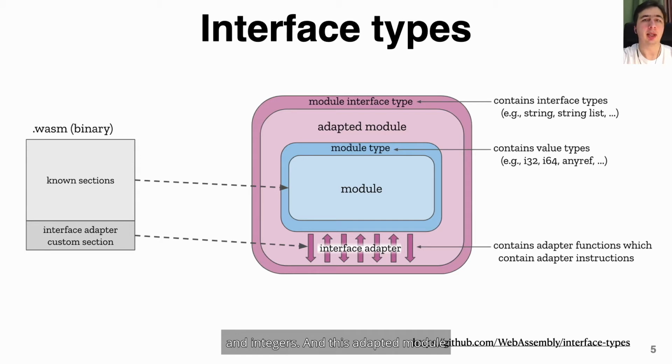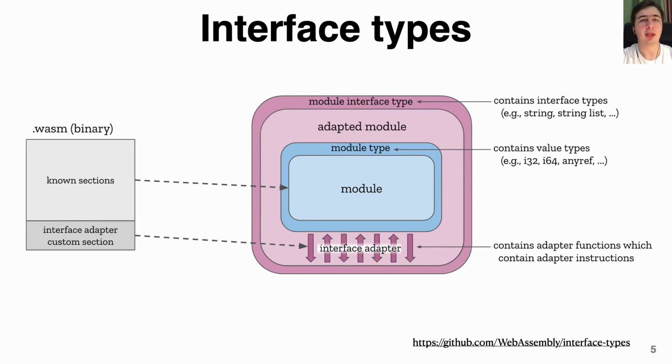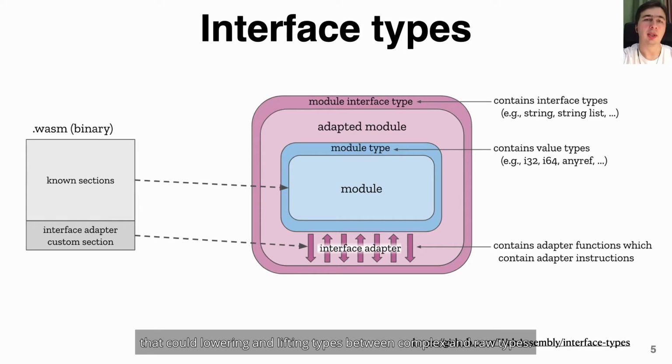And this adapter module can wrap the raw module and provide some adapted imports and adapted exports that can lower and lift types between complex and raw types. So half of the work of type conversion could be done by the module itself.